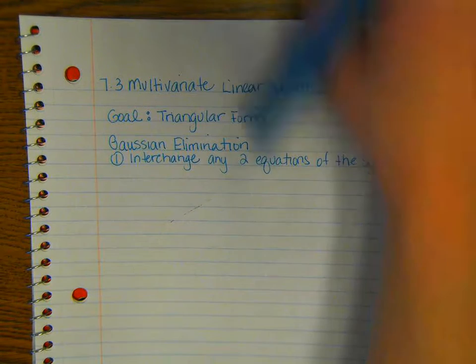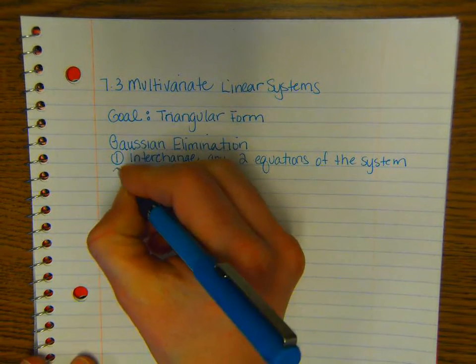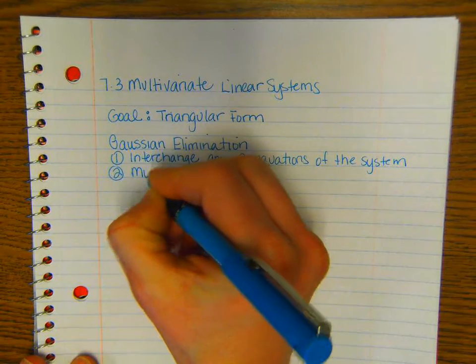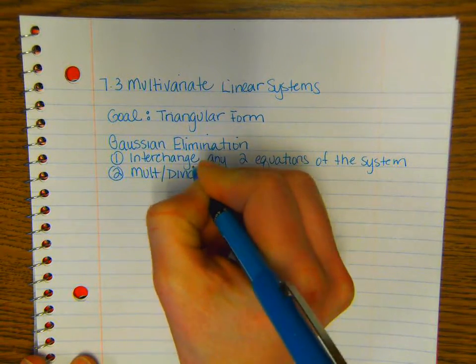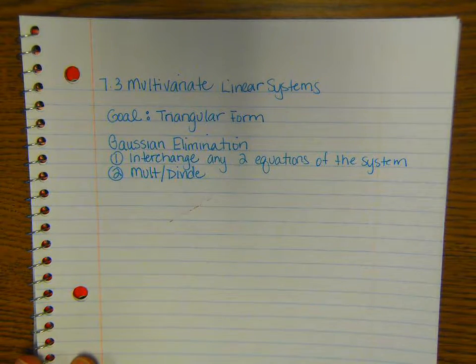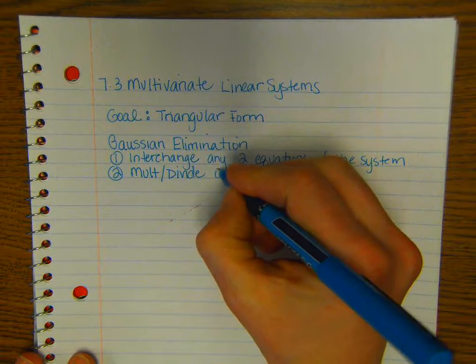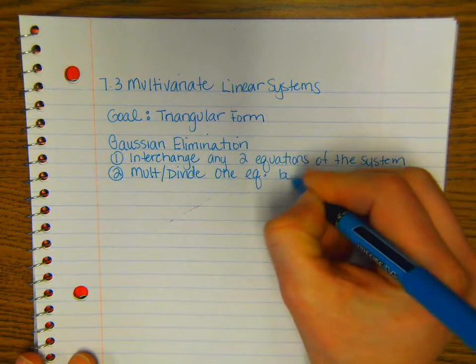The second thing, and hopefully the second and third thing remind you of elimination. At any time, you may multiply or divide one row or one equation by a number, as long as it's not 0.